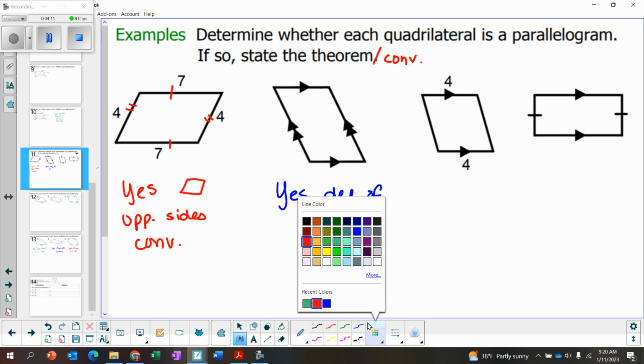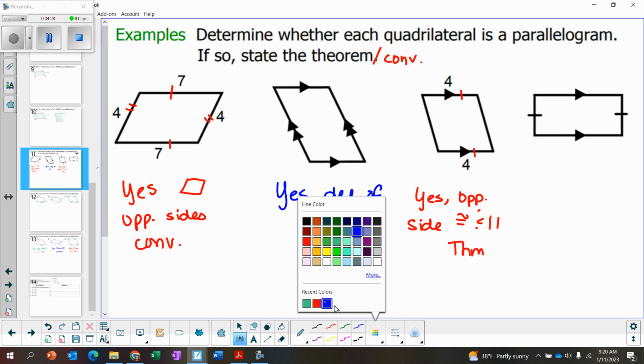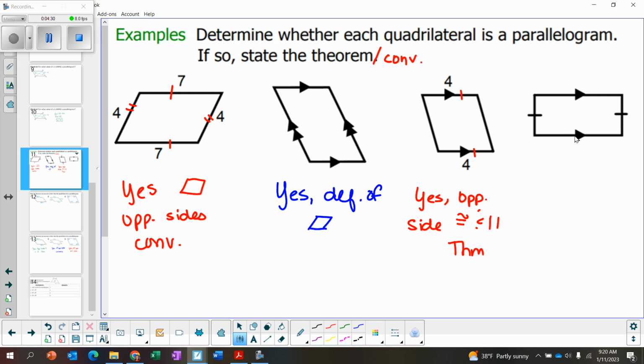All right, our next one, these sides are parallel with arrows and they're also congruent. So this is yes. Opposite sides congruent and parallel theorem. And this last one has these sides parallel and these sides congruent, which is different than what we saw in the previous one, because in the previous one it's the same pair of sides that has both markings.